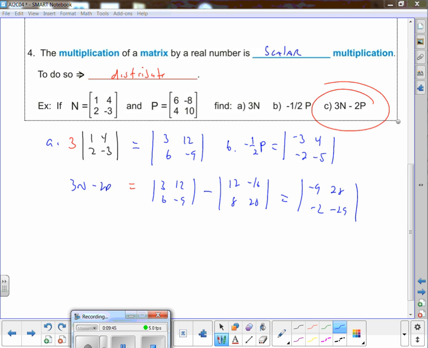I did the minus sign, and I just did 2P in my head. And then again, be careful, you're distributing this negative. If you have trouble distributing the negative in your head, then change the minus to a plus and change the sign of everything in the second matrix, if you have trouble doing it in your head. Just be careful. You don't want to miss a problem like that, right? It's a shame to miss something. You know what to do, but you make a mistake.